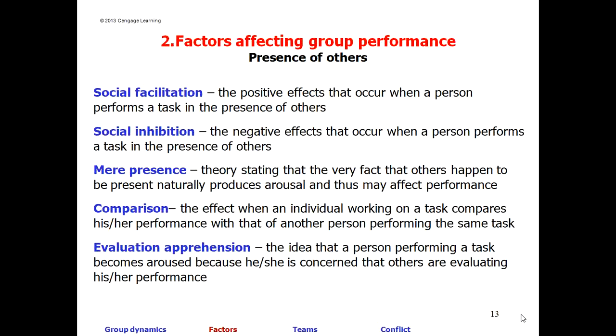Now, the presence of others: social facilitation, social inhibition, mere presence, comparison, evaluation, appraisal. If you read this, you will understand it more correctly. What is all about this presence of others?